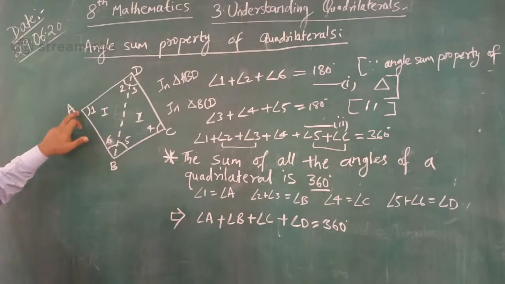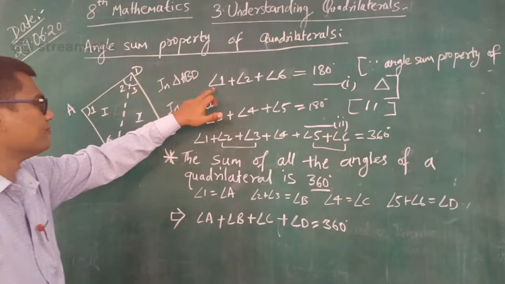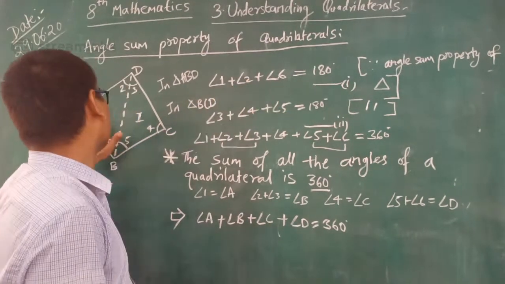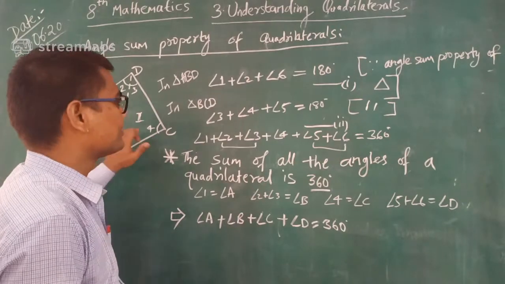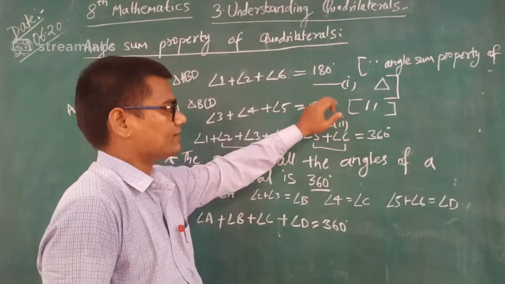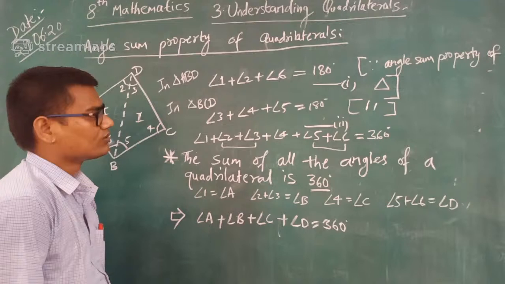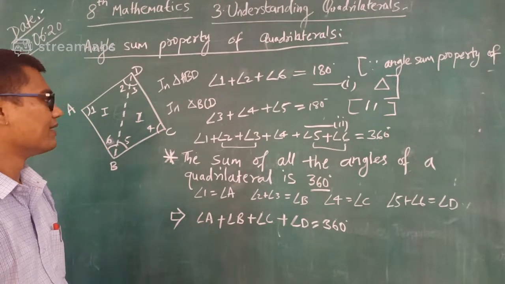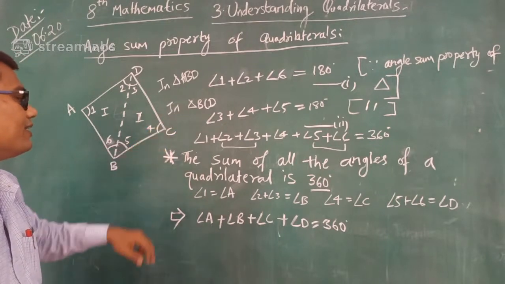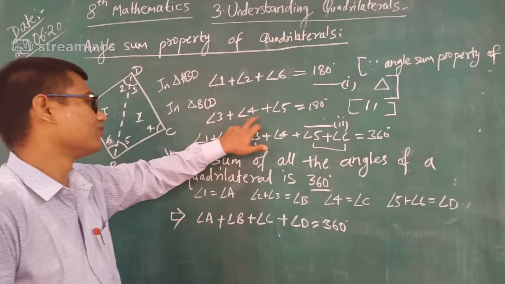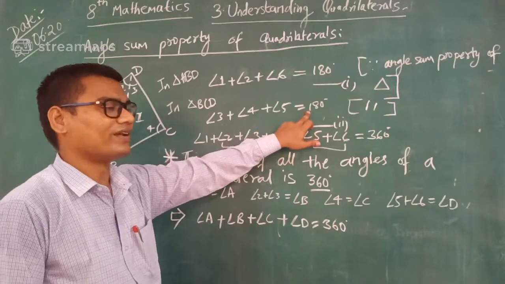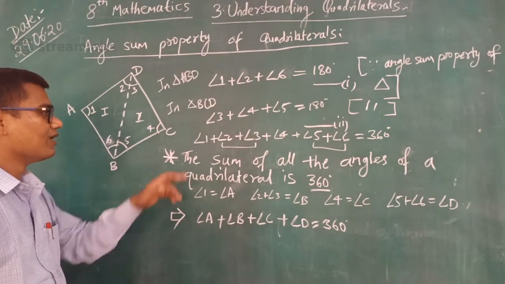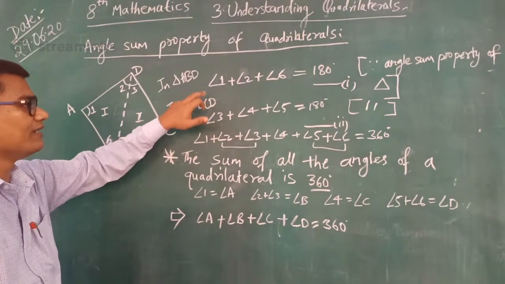Now in triangle ABD, angle 1 plus angle 2 plus angle 6 is 180 degrees, because we have already learned the angle sum property of triangles. Similarly, in triangle BCD, angle 3 plus angle 4 plus angle 5 is 180 degrees because of the angle sum property of triangles.